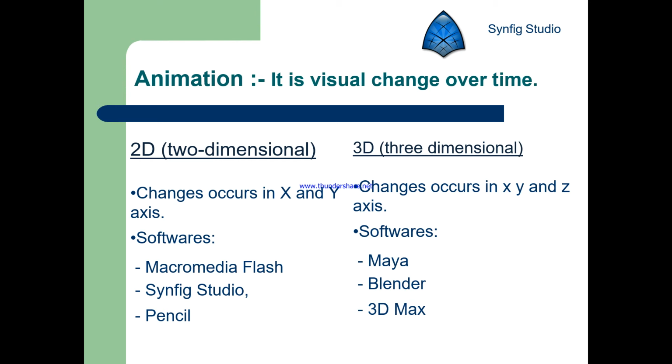Second, we learn an open source software, Synfig Studio, the details of which are given in the syllabus. Chapters 1 to 5 are given from Synfig Studio. So, we will learn these in detail in the next topic.